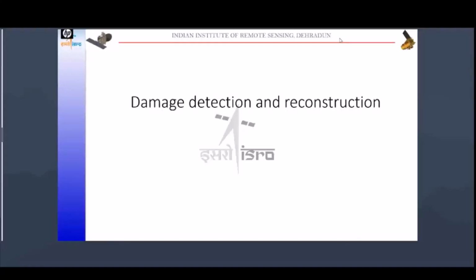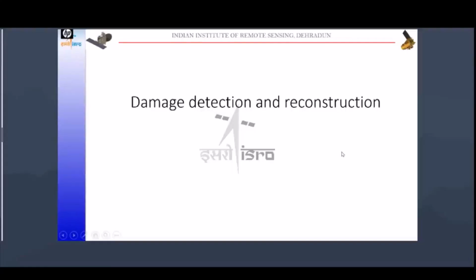Now, in heritage structures, we encounter damages because of various reasons, and various types of damages are encountered. As you can see, there can be various types of structural damages in the cultural heritage, and basically what we are dealing with is built monuments, the buildings and the monuments in the heritage.